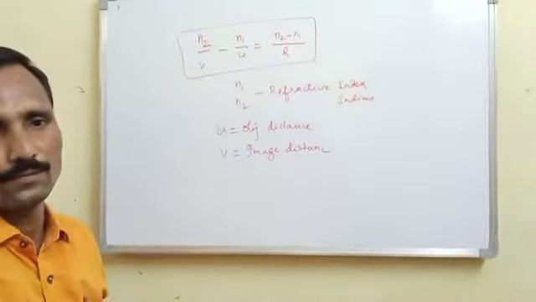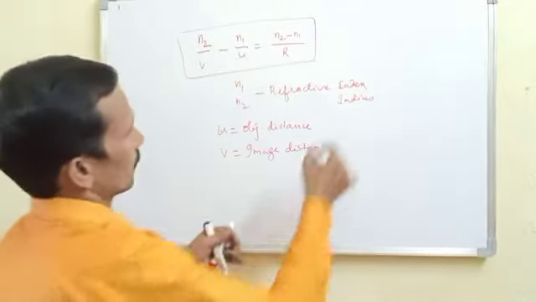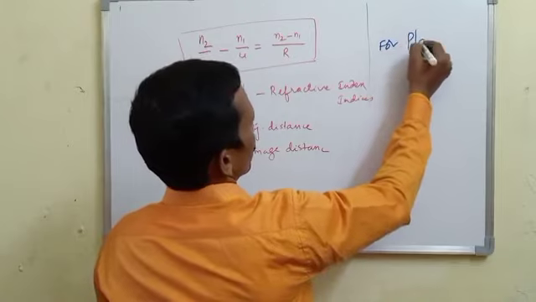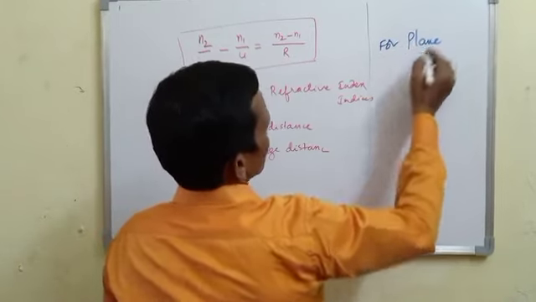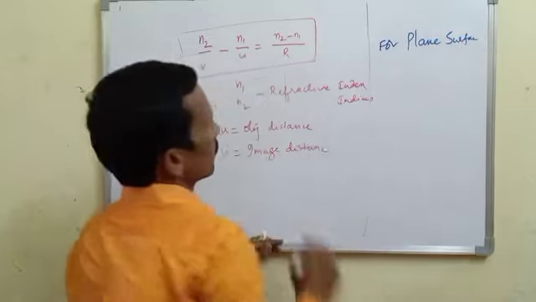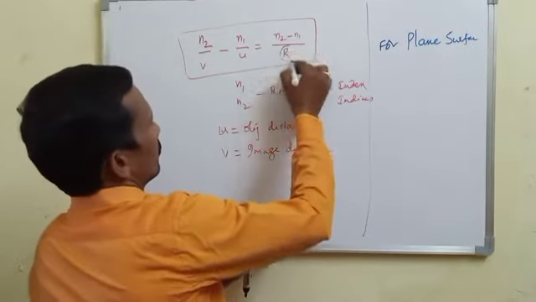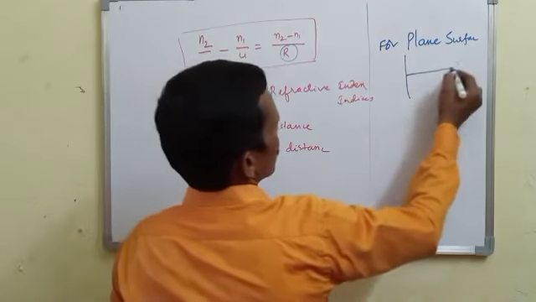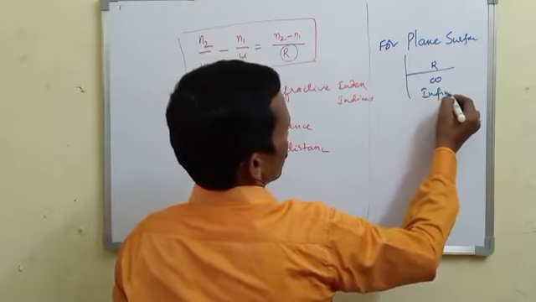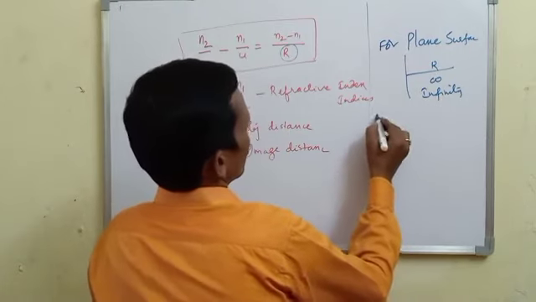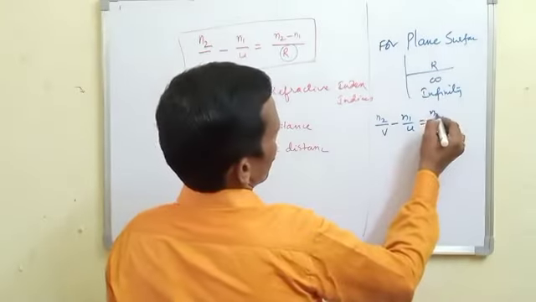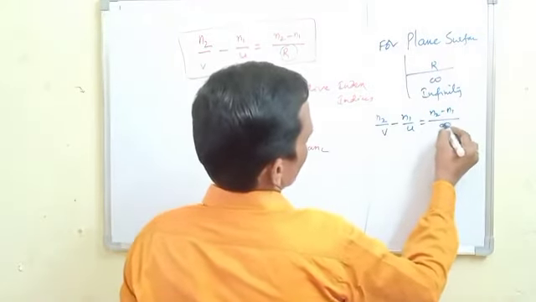For plane surfaces we can use this formula. For plane surfaces, the radius is infinity. So N2 by V minus N1 by U is equal to N2 minus N1 by infinity.